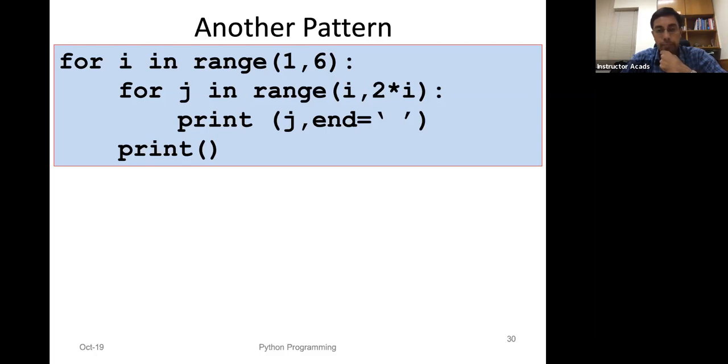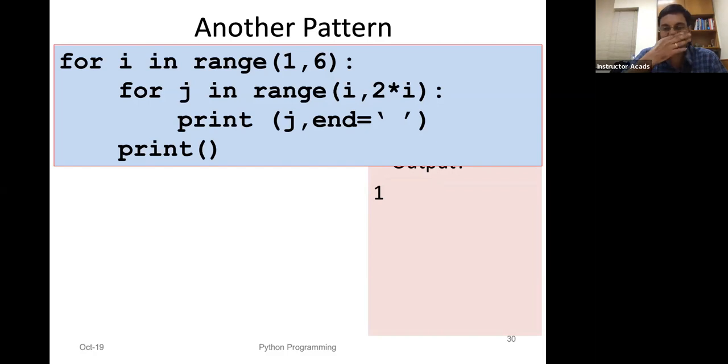So j has basically range 2 comma 4. And then you go to i equal to 3, and then j goes from range 3 to 6, which means 3, 4, 5.